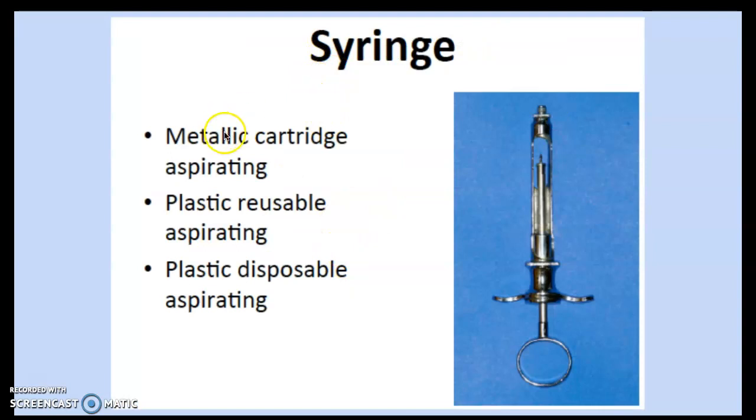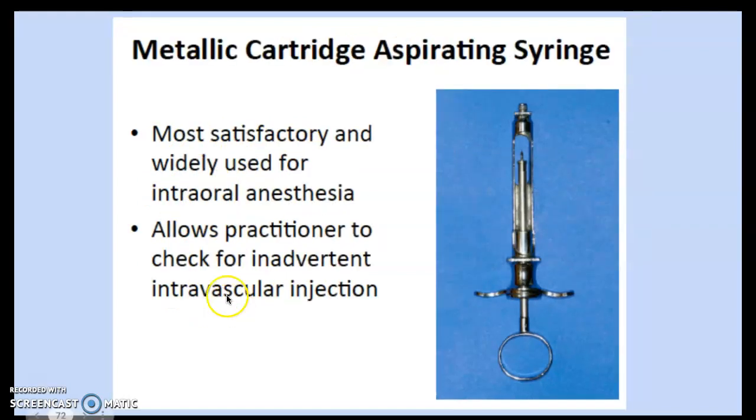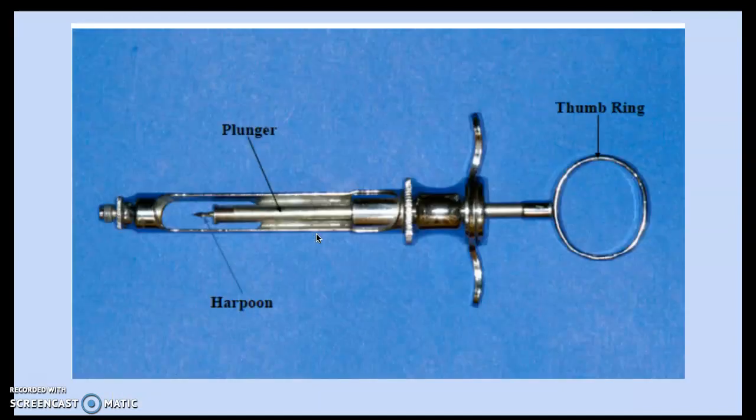There are 3 different types of syringe: metallic cartridge aspirating, plastic reusable aspirating, and plastic disposable. Metallic is the most satisfactory and most widely used for intraoral anesthesia because it allows the practitioner to check for inadvertent intravascular injections, because you can easily pull back.